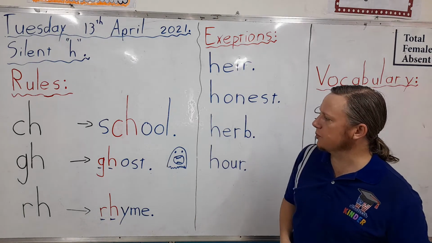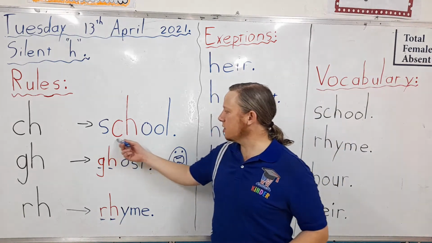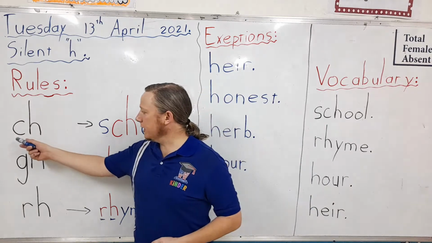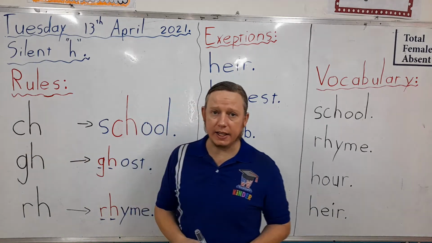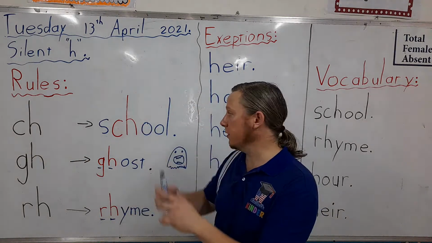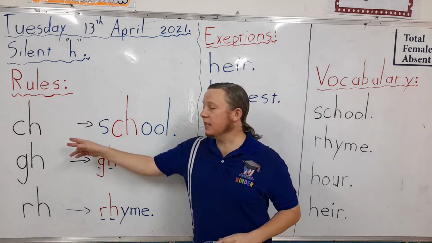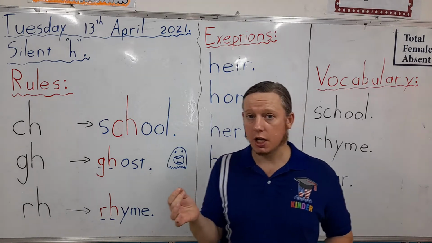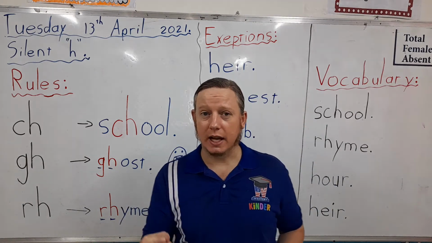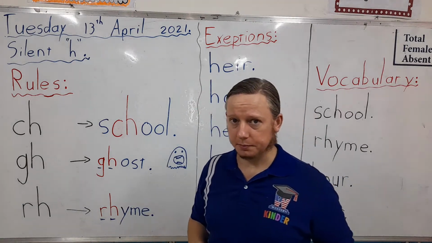Alright, and let's look at the last one. We know this word as well. School. Now be careful with this one, boys and girls. CH. If it is in the front of the word over here, the first two letters, remember the CH makes the blend ch. Ch. Like chewing gum.